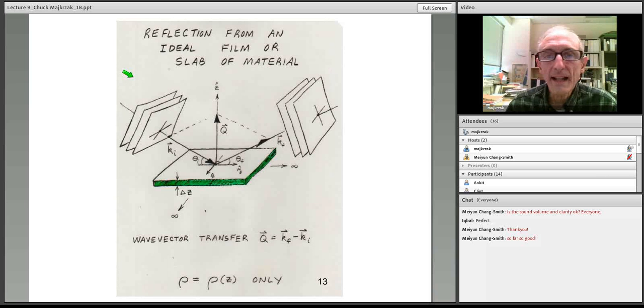Okay, now let's talk about specular reflection in particular. It's a very special geometry, and Warren Burke has coined the phrase the slab geometry, meaning that we have a flat surface with a certain density profile normal to the surface. It can be a single slab or it can vary as a function of depth.